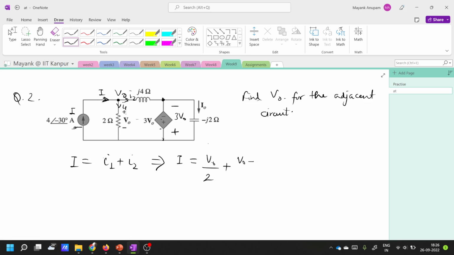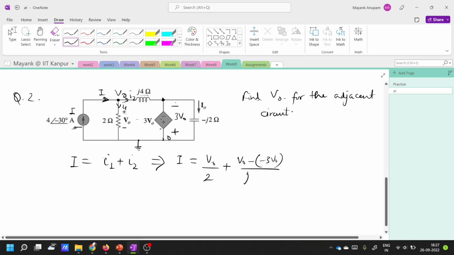What is the voltage here? By the way, this is a reference, 0 volt, and this node is 3V0 less than this 0 voltage, so it is minus 3V0. So V0 minus minus 3V0, divided by which impedance? J4, right?